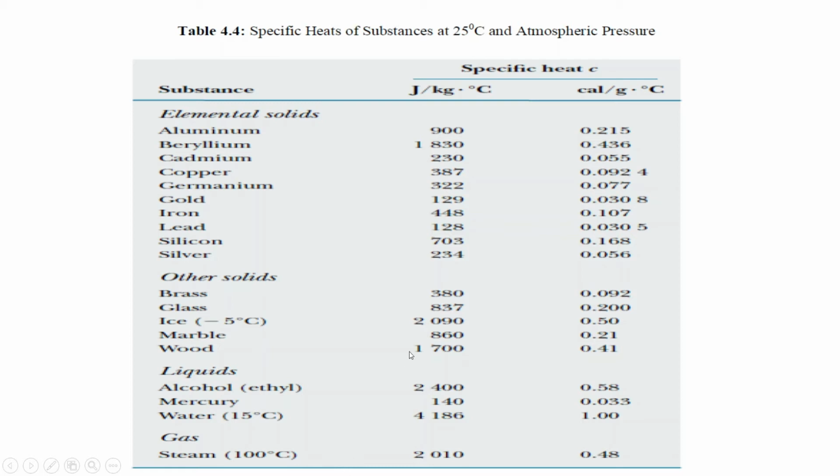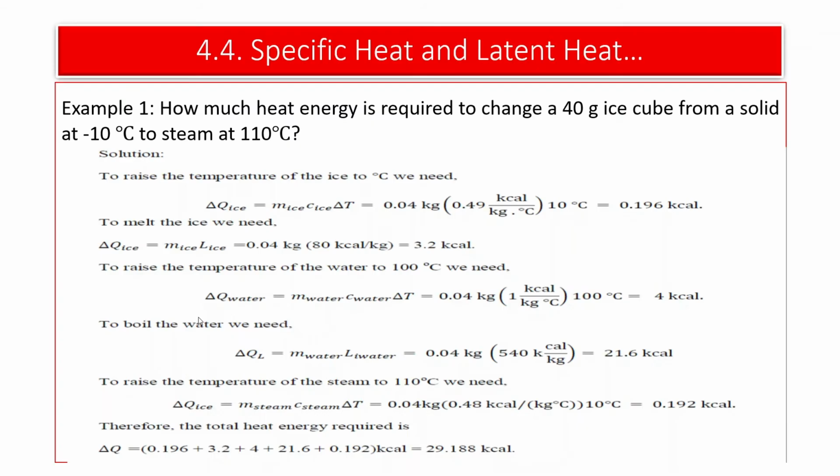So based on this, water in the ice form, the water form, or the steam form have different specific heats. Even if it's water, at different phases they have different values. So whenever you solve a question, you have to use the different values of the specific heat capacity.